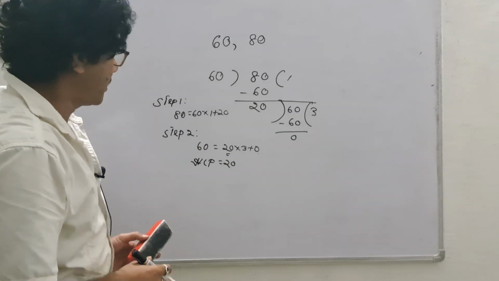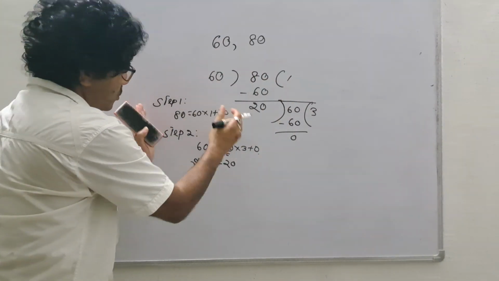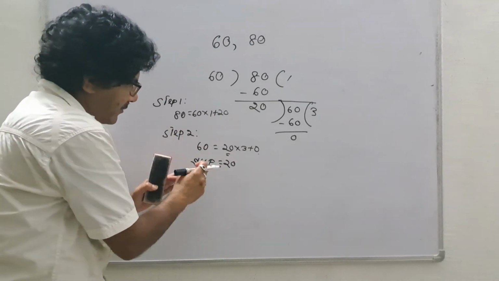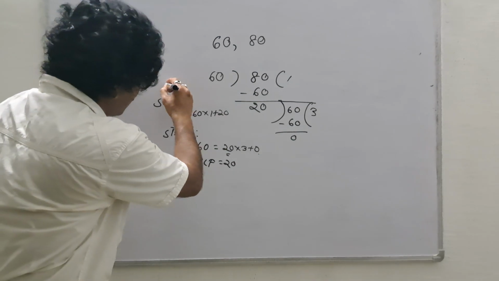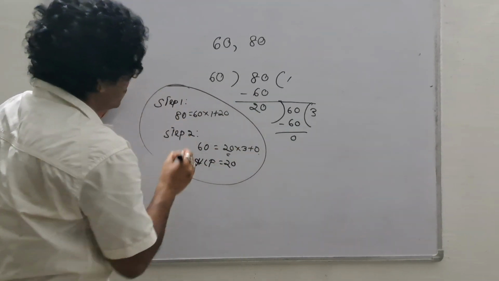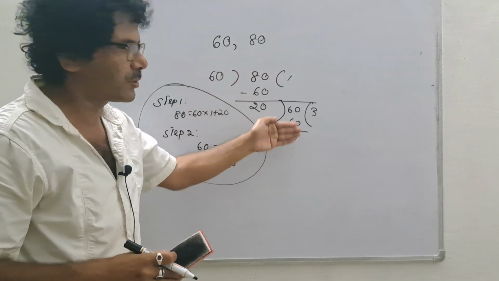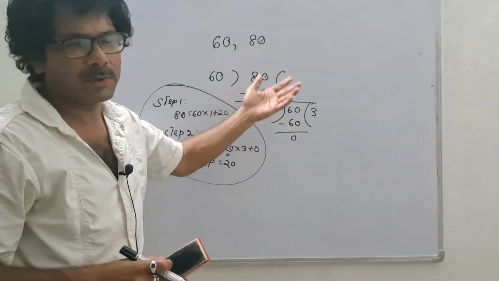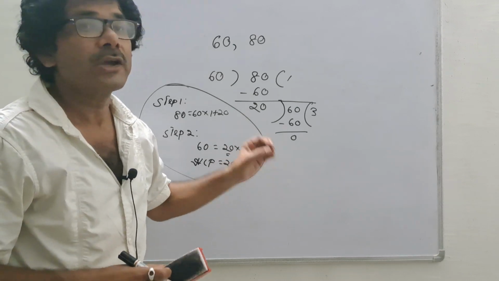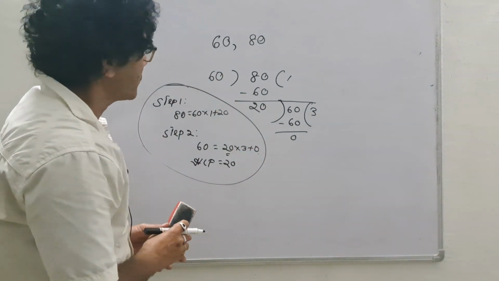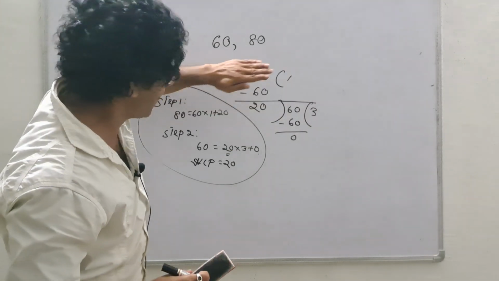So doing it this way, you do this first, then write this, and finally write the answer. And if you do only this part, it is also called Euclid's division algorithm, and your solution will still be correct and acceptable. Because this is the first step, this is the second step, written in this way.